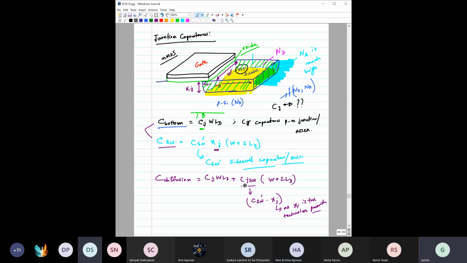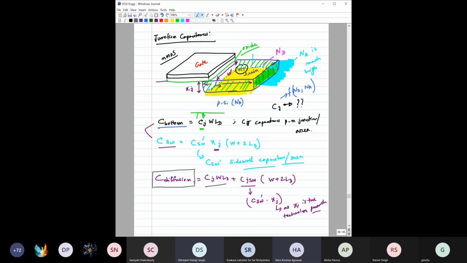In the later section, it is a combination of all this. Basically, it is the total diffusion capacitance, one for the N channel NMOS and the other one for PMOS. So it's basically this plus this, meaning the bottom part as well as the side capacitance part.